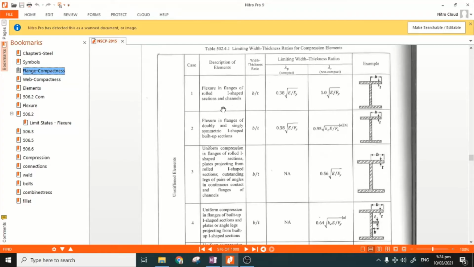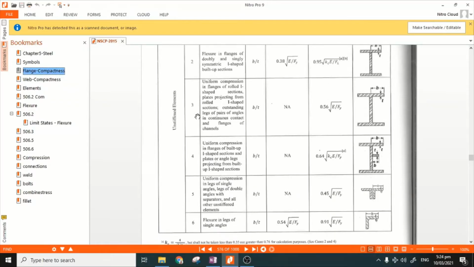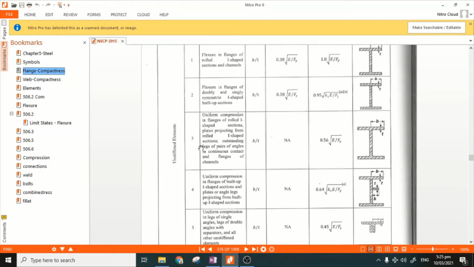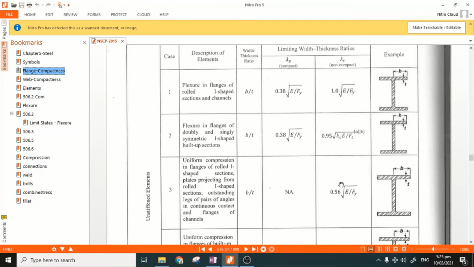Now that we are designing a compression member, it's either case 3 or 4, and 5. This 3 to 5. Since we have a rolled I shape, with flanges, we go to case 3, wherein, if you look at the limiting width to thickness ratios, lambda sub P is NA, meaning not applicable.